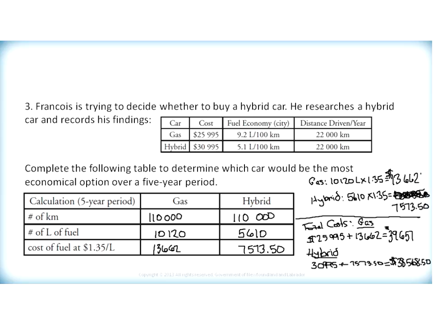So now the question is, which is the cheaper option over a 5-year period? Which is the more economical option? Well, even though it's a $5,000 more expensive car, when you add in the gas costs, the hybrid is going to be more fuel efficient, more cost effective over a 5-year period.